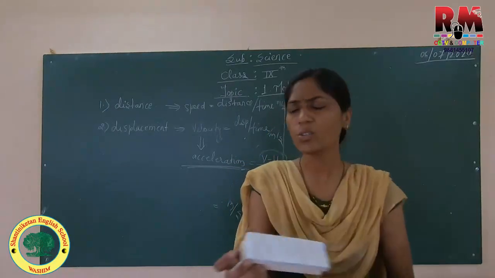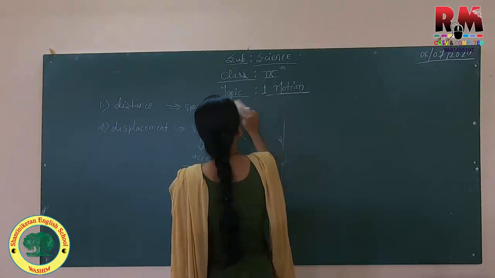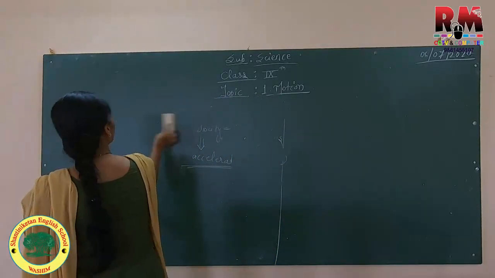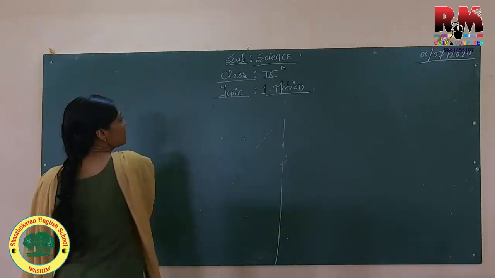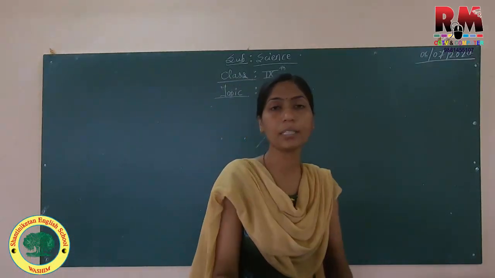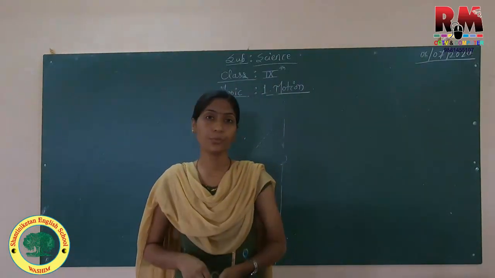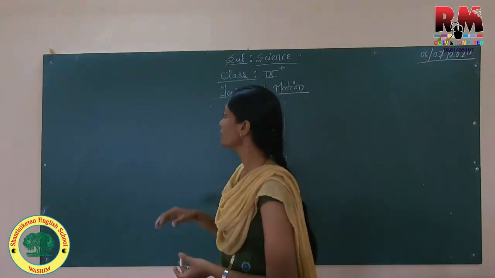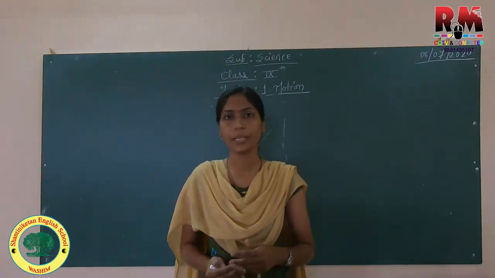So we have seen basic concepts related to motion. These are the four physical quantities that we have read till now. Now let us see, if we plot graphs of these physical quantities, what type of graph we can get.